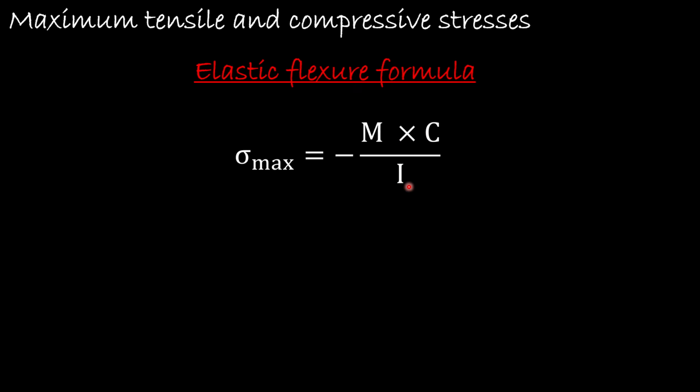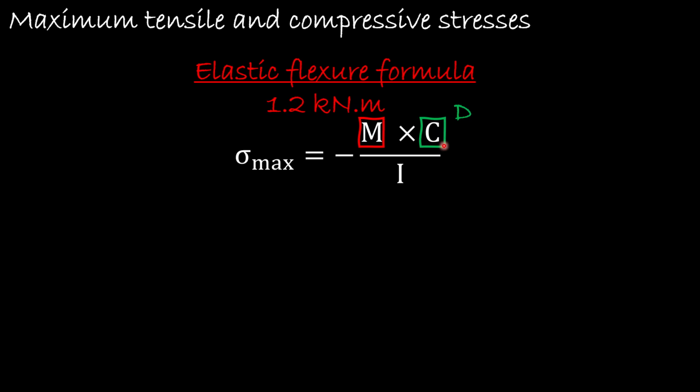All right, so now let's take a moment and make sure that we know what these three terms mean. This is moment, that's where the pure bending is happening. So we want to find the maximum bending that happened at portion BC, and we found it to be 1.2 kilonewton times meter.